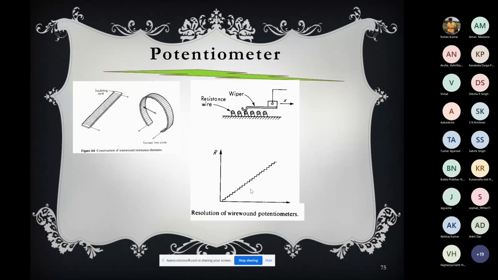And for such a potentiometer, you may need very large space, because for a single wire having considerable resistance, you have to have a very long wire, and your slider will move on the single wire, and you need very large space to accommodate that resistance when it is not wound.